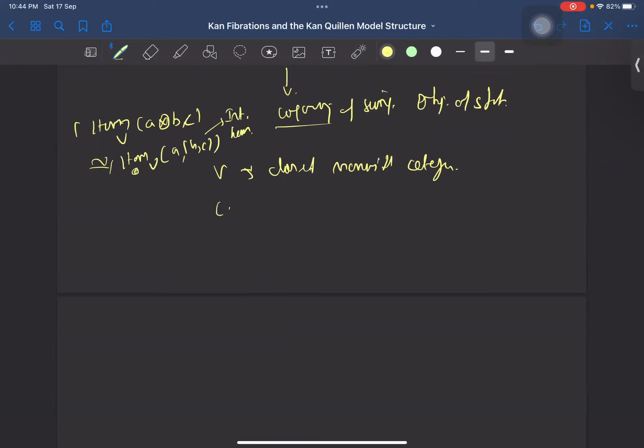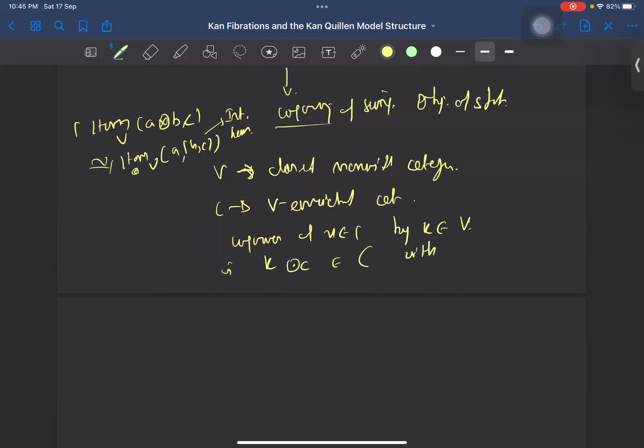Okay, and let me call C a V-enriched category. Then the co-power of an element of C by say K in V is an object which I denote like this.